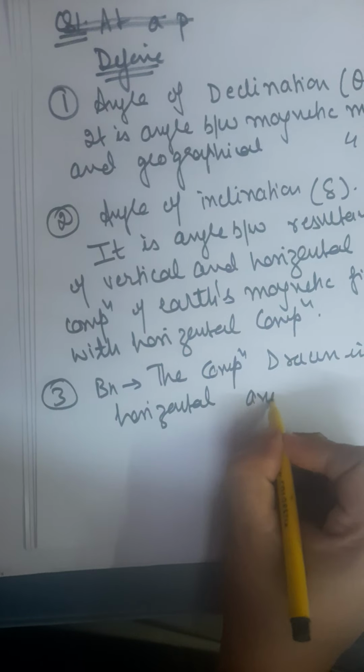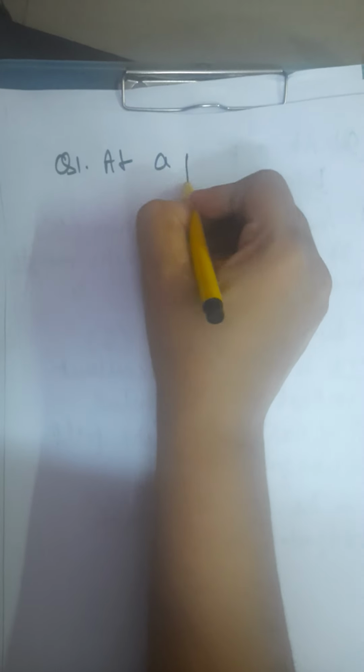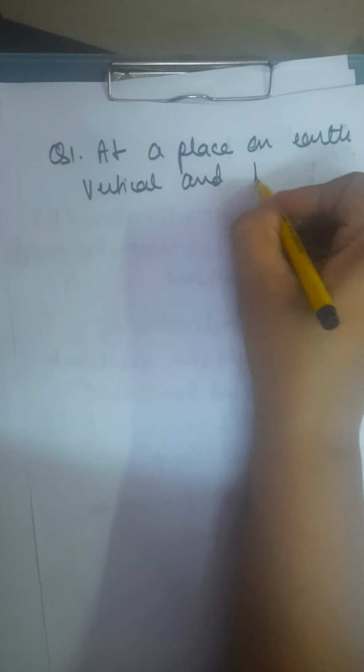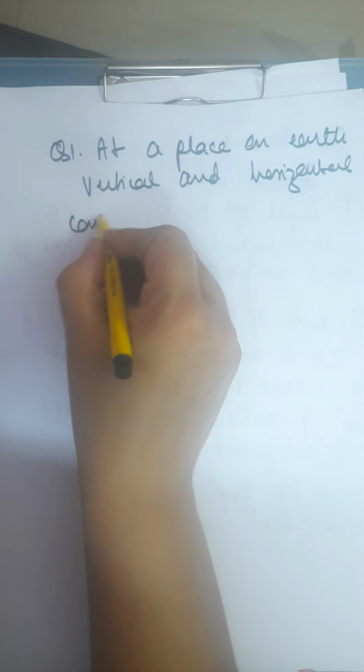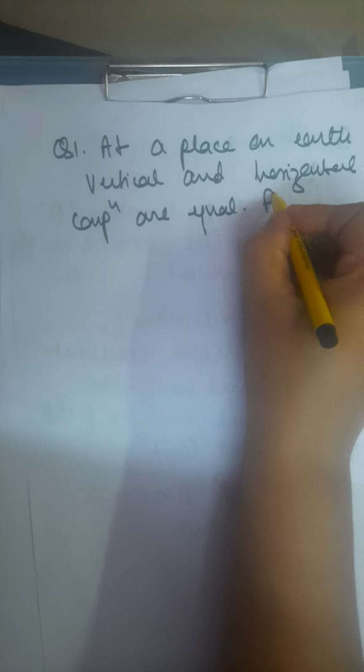Now let me do one question with you and then I will ask another question in the group. Children, the question is, at a place on earth, the vertical and horizontal components are equal. Find dip.